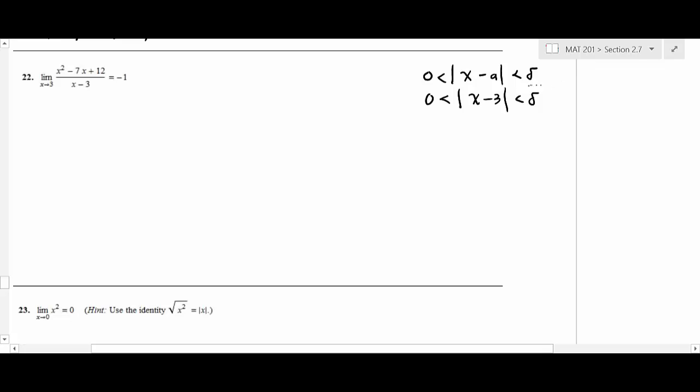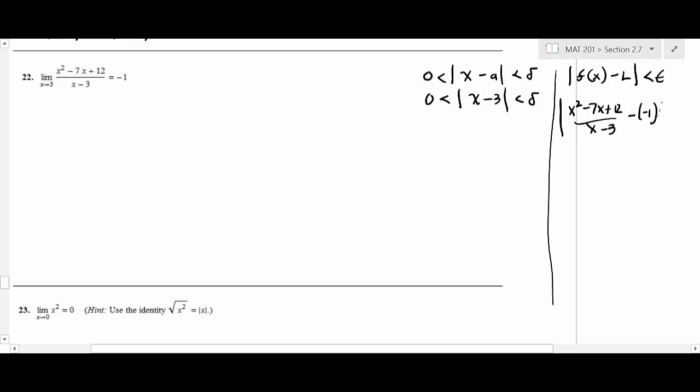And we're going to try to look at the connection between the absolute value of f of x minus L less than epsilon. So we're definitely going to have some factoring going on, like the last problem. So we're going to say (x squared minus 7x plus 12) over (x minus 3) minus the value of the limit. The value of that limit is negative 1, so you say minus negative 1 less than epsilon.